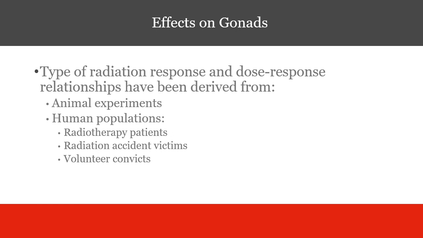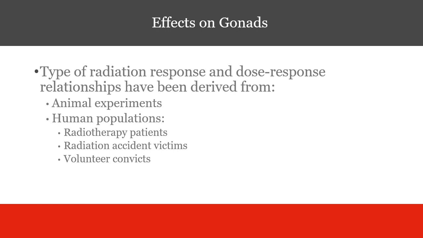As far as the gonads are concerned, most of the information has been gained from animal experiments. It was also gained from radiotherapy patients, meaning that a patient had to have radiation directly to the gonads for a particular type of cancer, or a radiation accident victim that was accidentally irradiated.